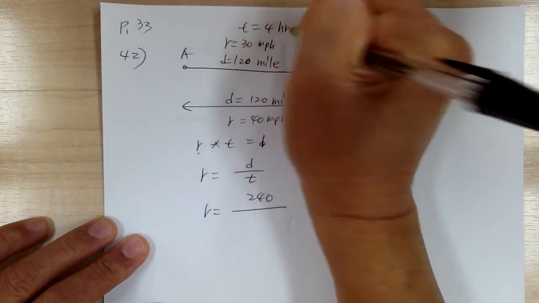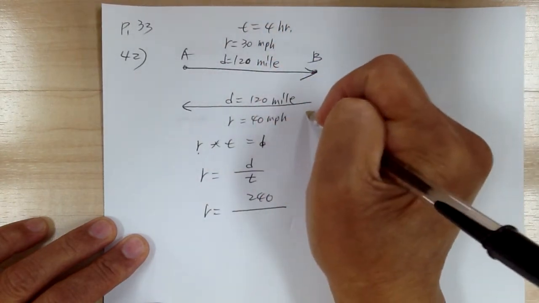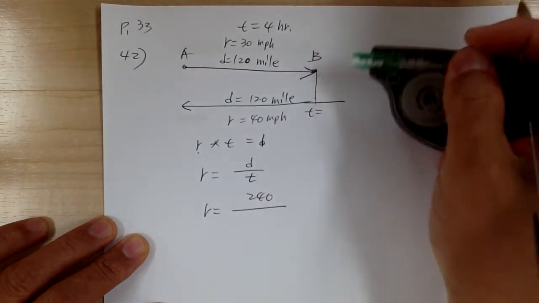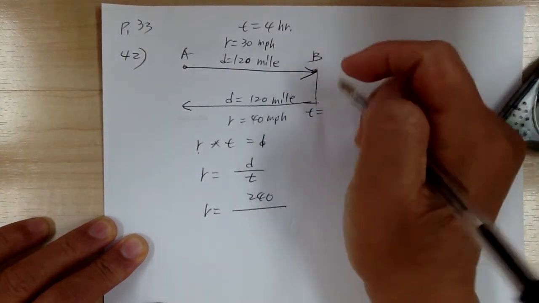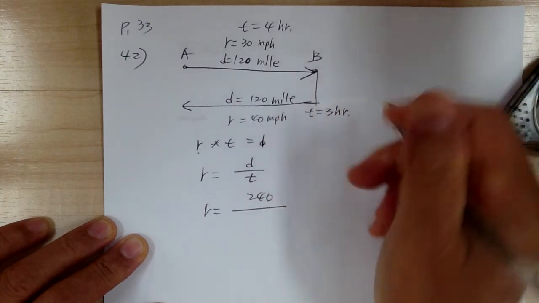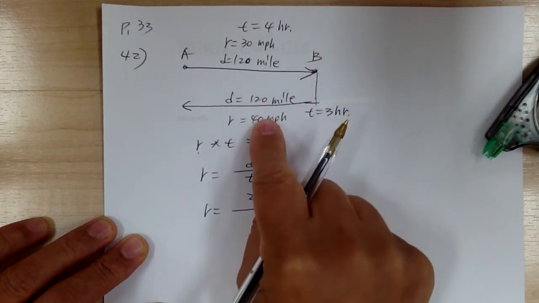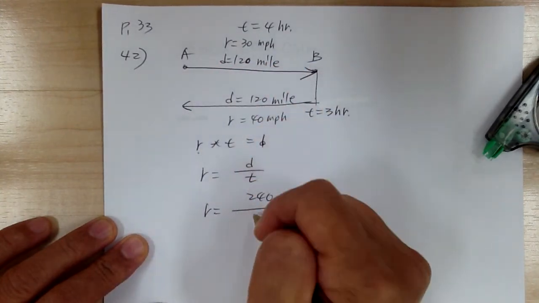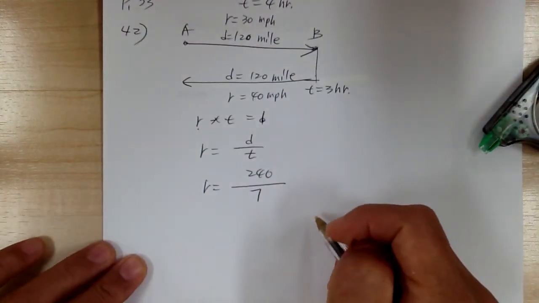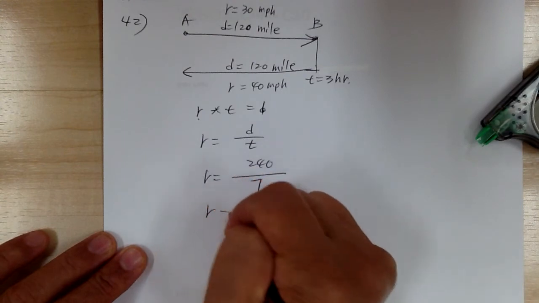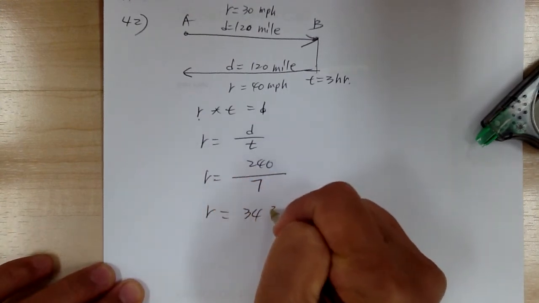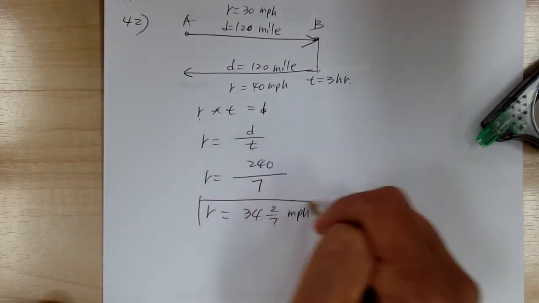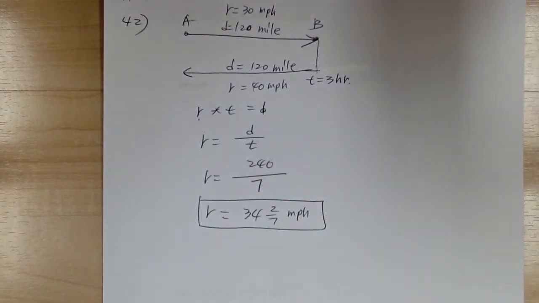And over here, the T will equal 3 hours, since 120 divided by 40 gives you 3 hours. So the total time would be 4 plus 3 gives you 7 hours. And so the R will equal 34 2/7 miles per hour.